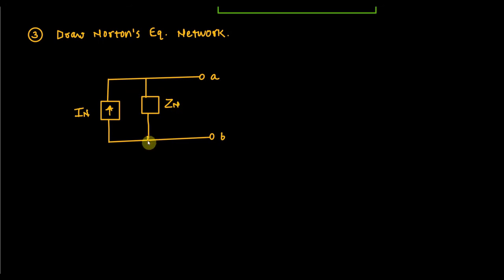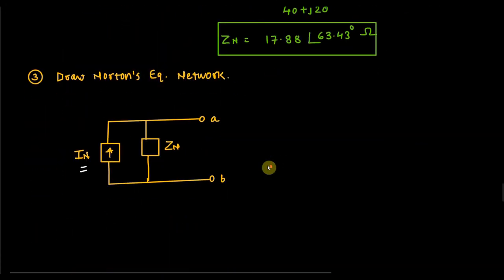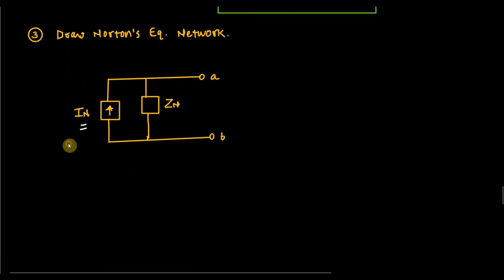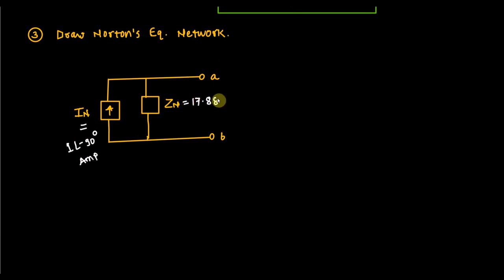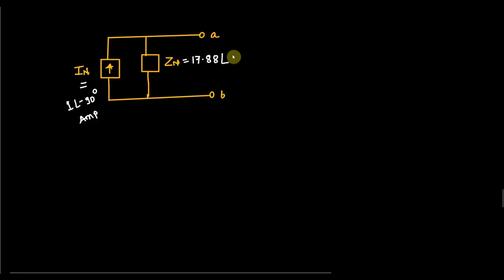And we have calculated the values of both. This IN, I think we have calculated 1 at an angle minus 90. Yes, you can see that, which will be 1 at an angle minus 90 ampere. And Zn, just now we have calculated, it was 17.88 at an angle of 63.43 degrees.